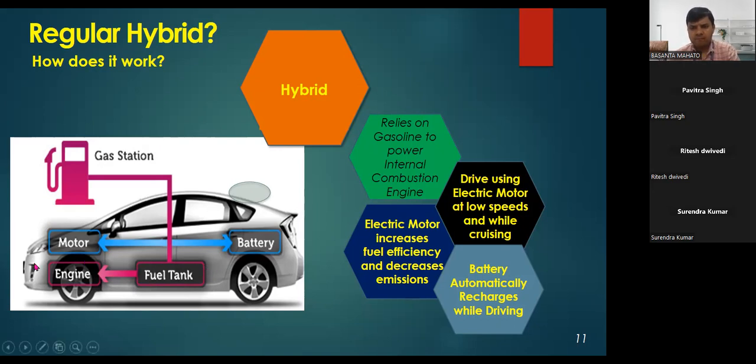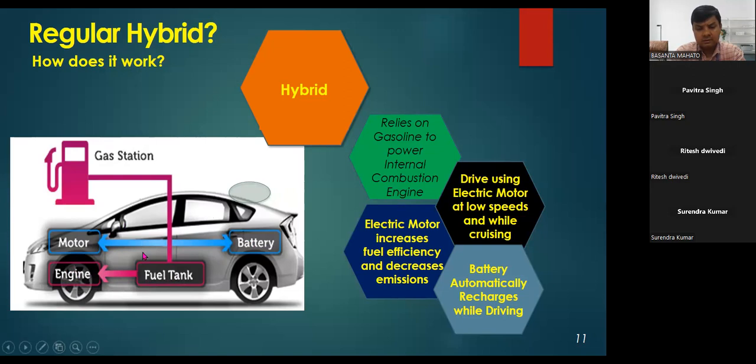In this case, when this car is driven by petrol fuel, the battery of this car will be charged automatically. So if we are using petrol or diesel in our car to drive it, some part of the energy will be stored in this battery to charge it, and then we can recharge this battery at home also.